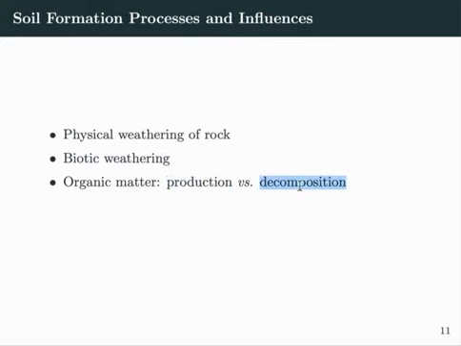So depending upon the fine balance of those, we may have a lot of organic matter, if production is just slightly higher than decomposition, or we may have none at all because production is so very low. So the balance of these two processes, primary production and decomposition, determines the amount of organic matter we see in the soils.